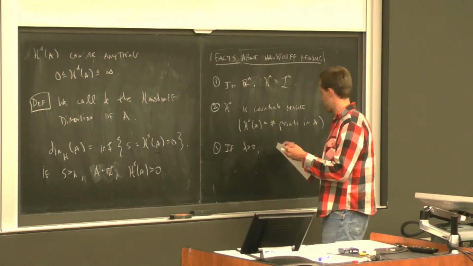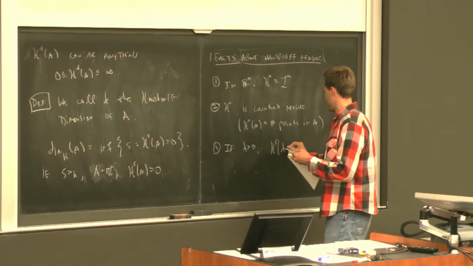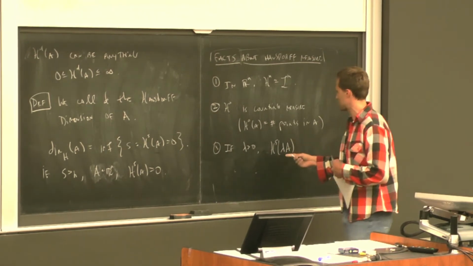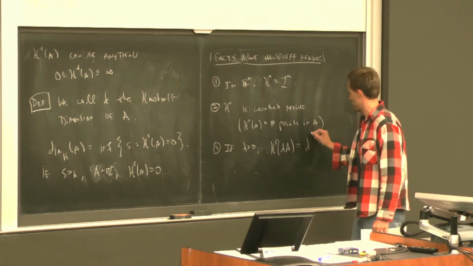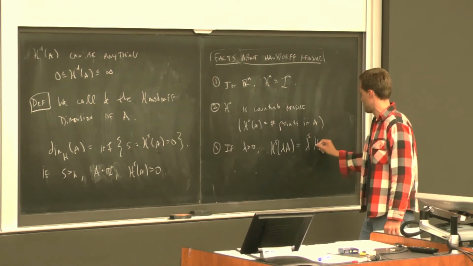Three: lambda is bigger than 0. Hs of lambda A equals lambda to the s times Hs of A. So you take a set and blow it up by lambda, and you affect its measure by lambda to the s.